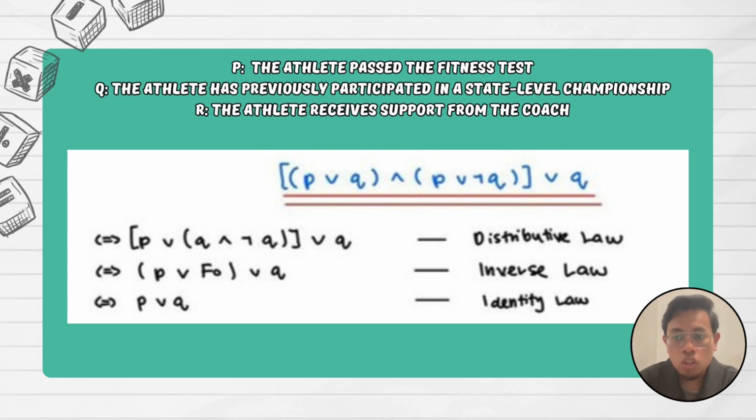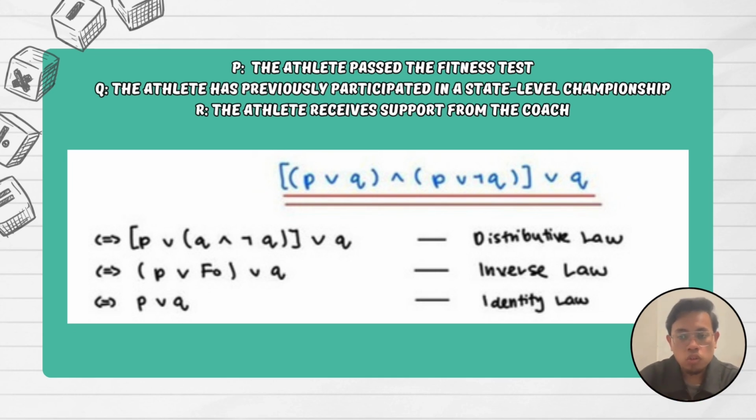For the first one, we can see there are 2 P's, so we can use the distributive law, which lets us combine both of the P's into one since it has the same logical connective, which is OR. So the statement will change into P or Q and not Q, the whole statement, or Q.